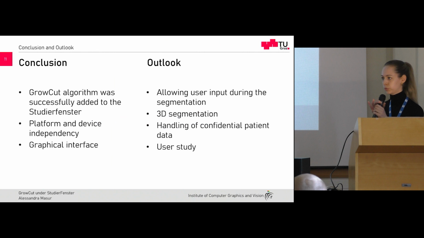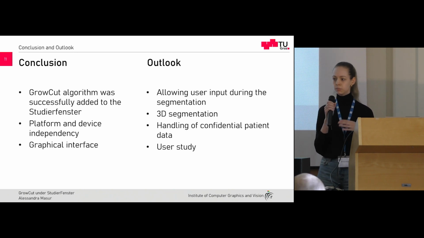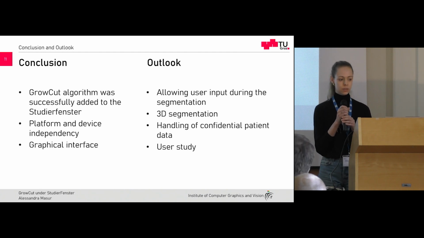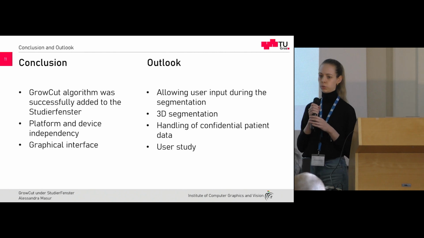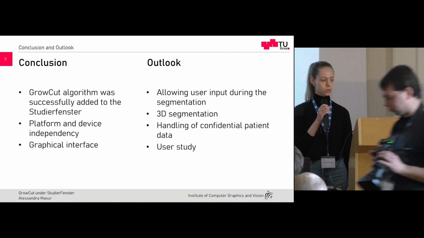So we will come to a conclusion and an outlook. As you saw in the results and in the demo, the GrowCut algorithm can successfully segment images based on a given input, but it does not always find the correct border, as we saw with the vertebral body segmentation, for example. But in conclusion, we can say that the GrowCut algorithm was successfully added to the StudierFenster, making it the first semi-automatic segmentation algorithm on the website.